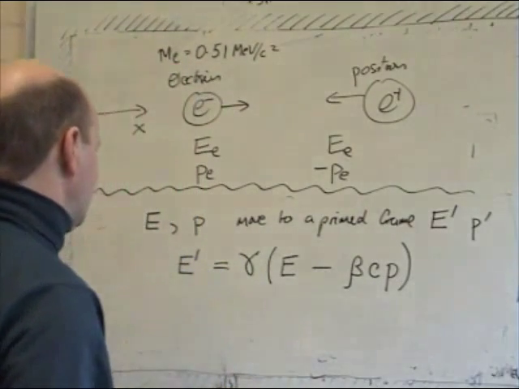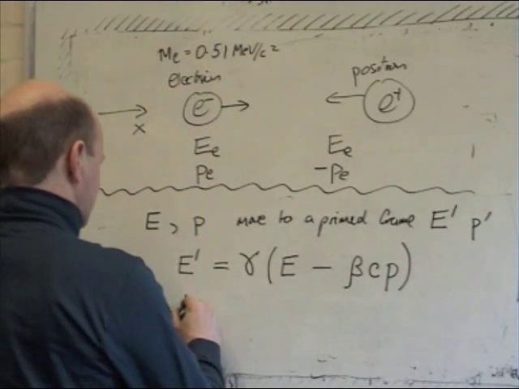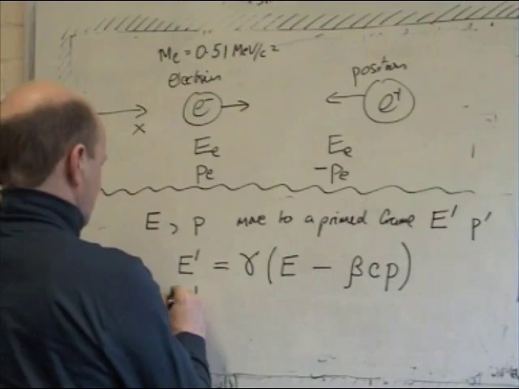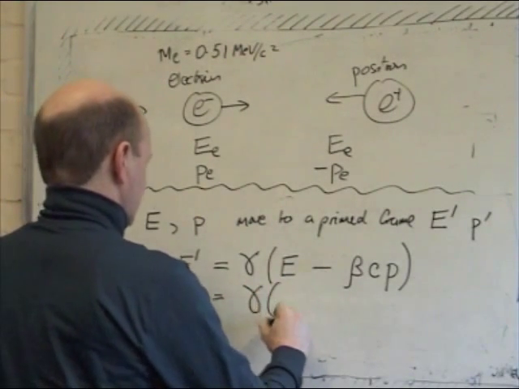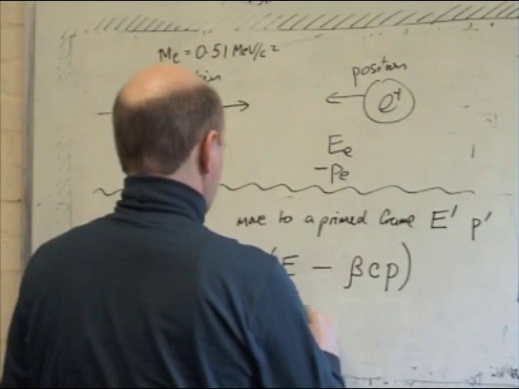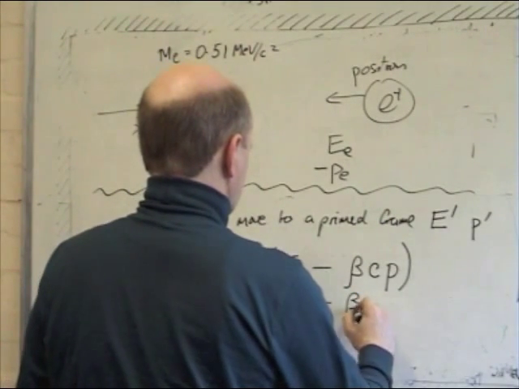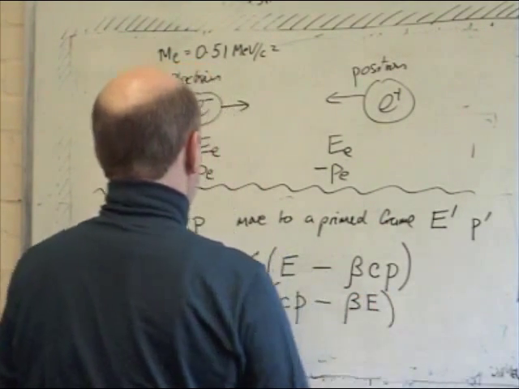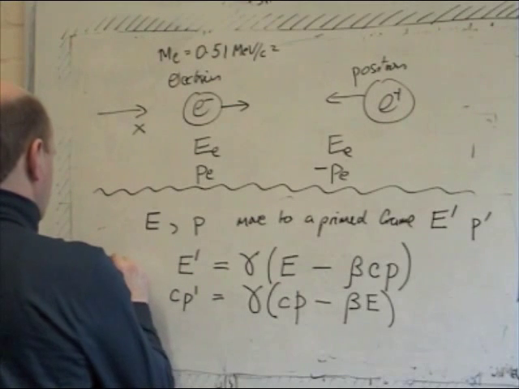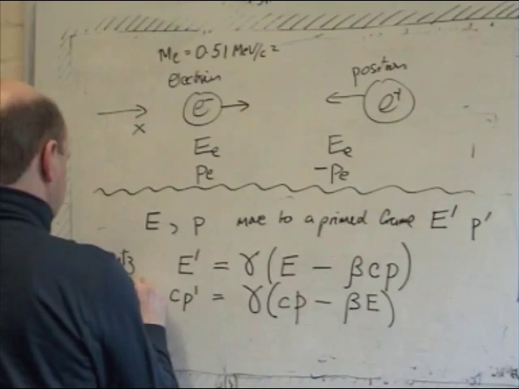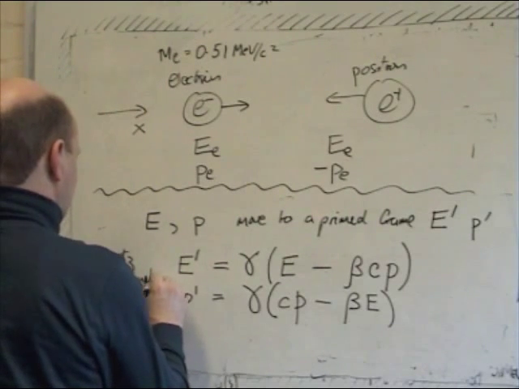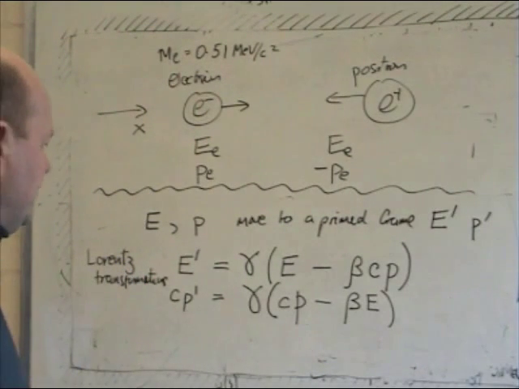And the momentum P primed times c equals gamma times (cP minus beta E). So those are our Lorentz transformations for energy and momentum between the unprimed and the primed frame.